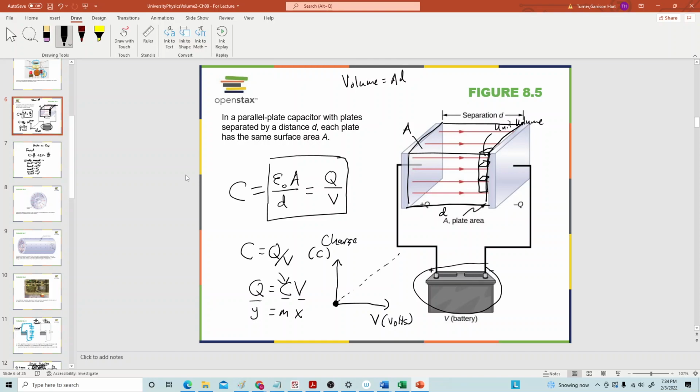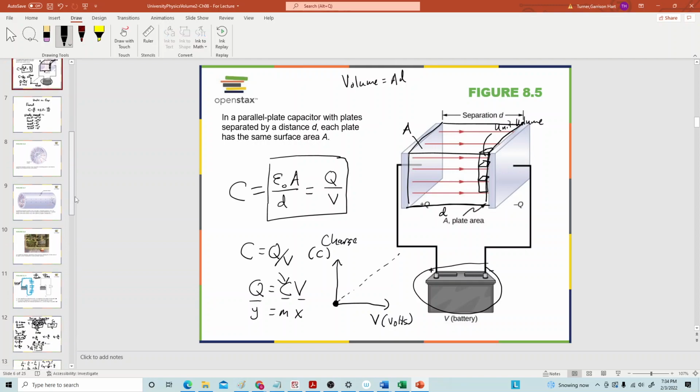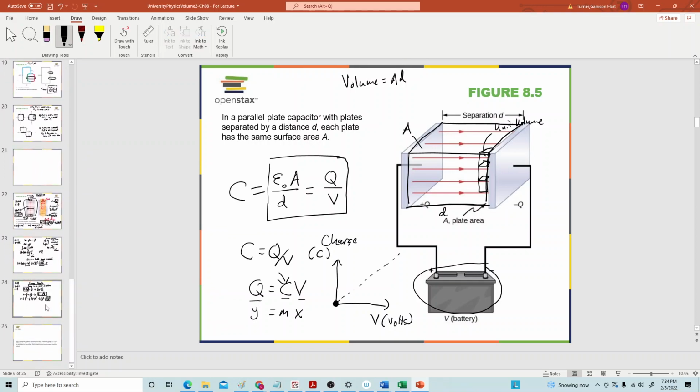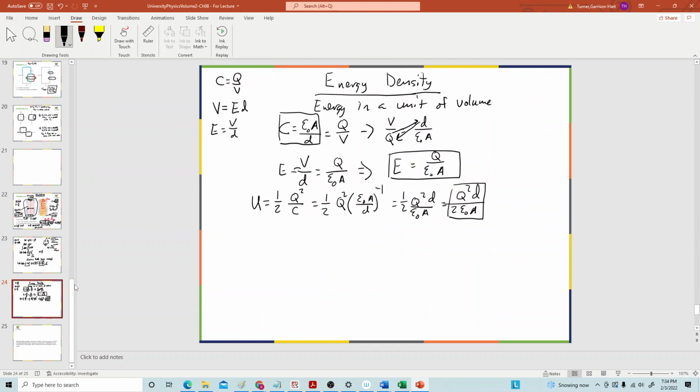Okay, so the energy density, or the energy per unit volume, is going to be, well, okay, so let's see where we are right now. We've got Q squared D over 2 epsilon naught A.